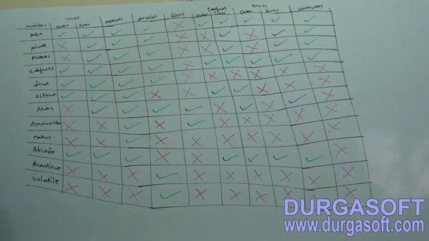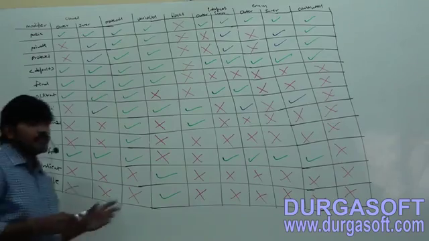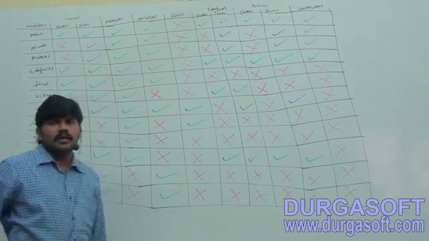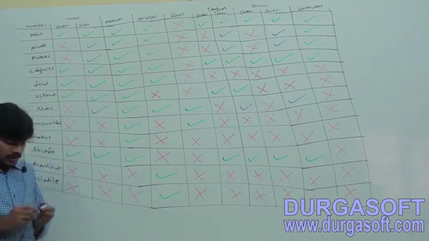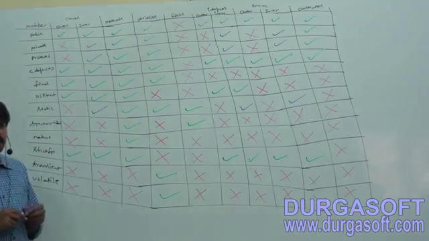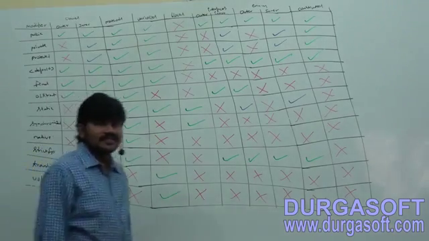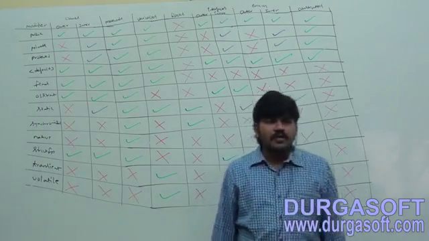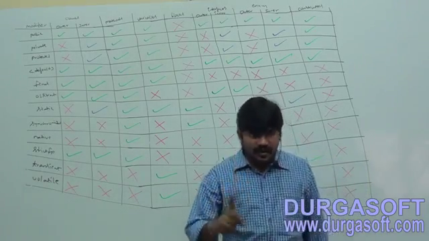Next one. Just observe here, the legend. A few things below this table you have to take. The only applicable modifier for a local variable is, we covered already, final, correct or not?